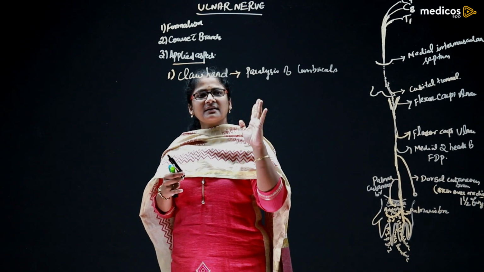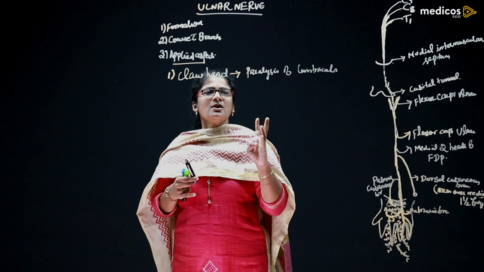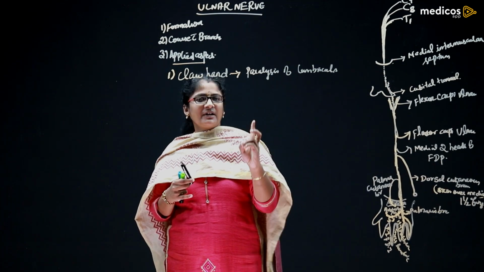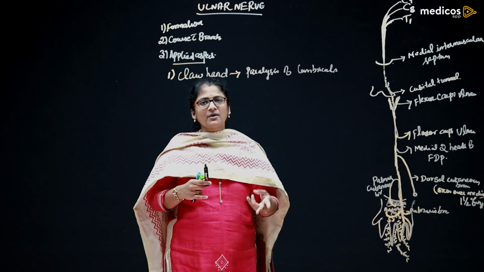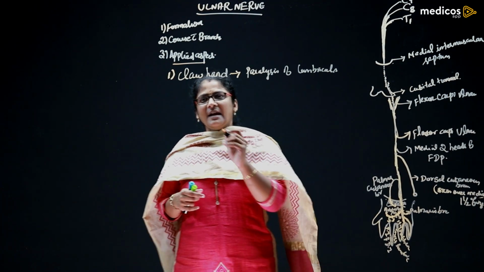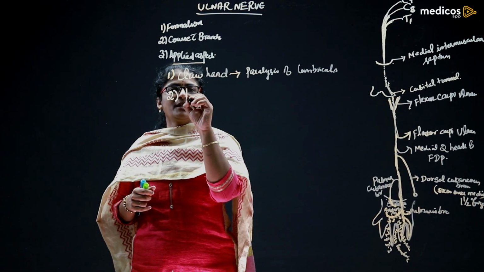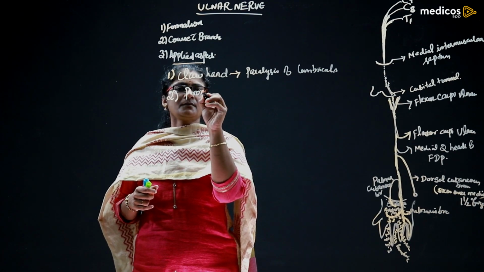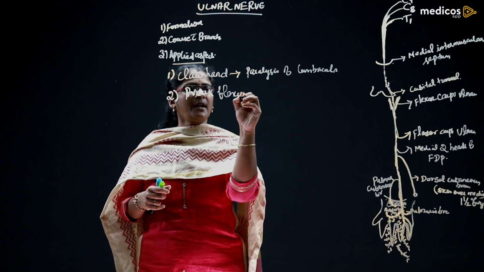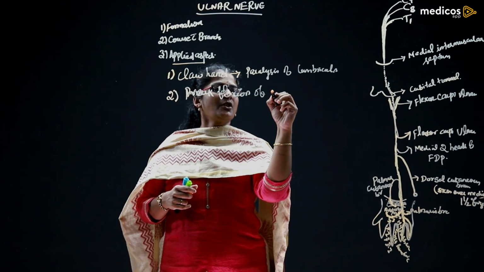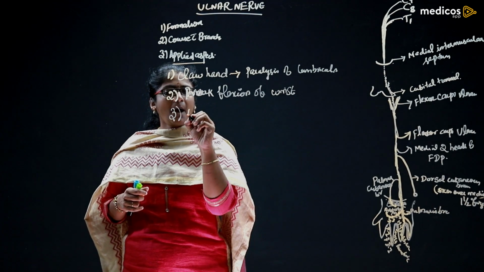Due to the paralysis, the third and fourth lumbricals will not be working, which results in the ulnar claw hand, so there will be flexion at the interphalangeal joints and extension at the metacarpophalangeal joints. So the opposite action will be there because of the paralysis. The forearm will be in the pronated position, and there will be weak flexion of the wrist, with the wrist in the abducted position.